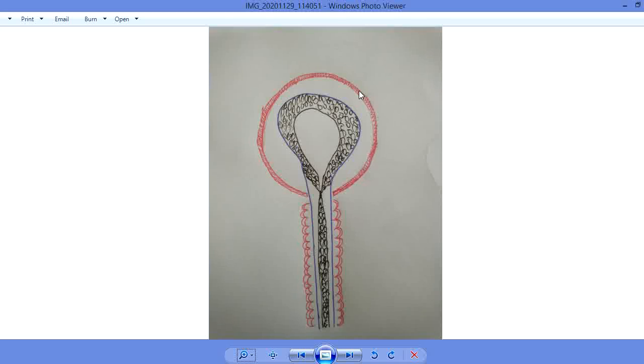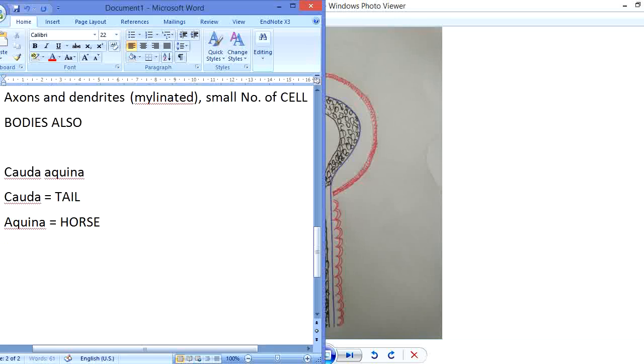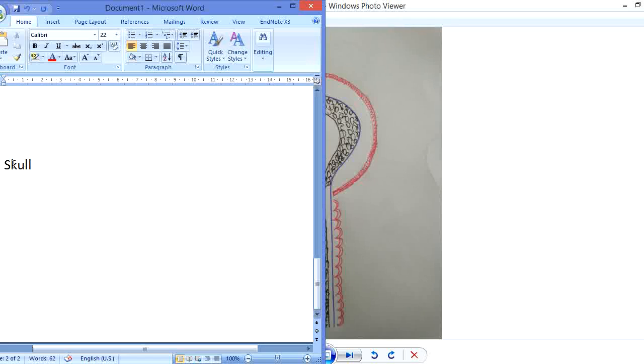The skull represents the bony structure which encloses the brain, while the vertebral column encloses the spinal cord.